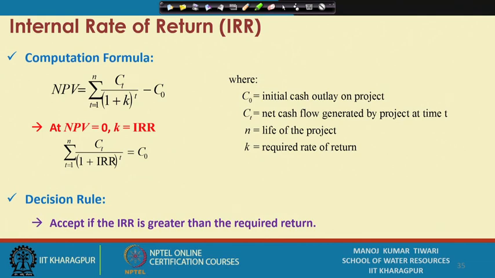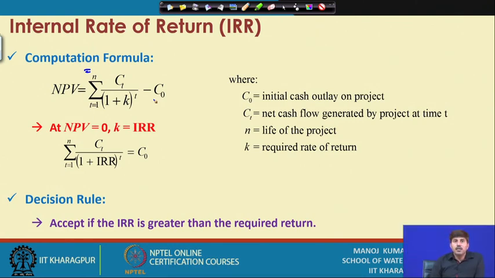The formula for computation is again derived from the NPV only. We discussed in the previous session what NPV is. NPV is the net discounted cash flow minus the initial outlay or the capital investment.